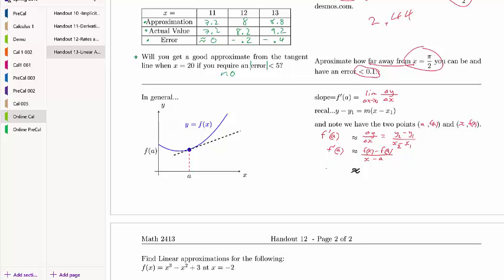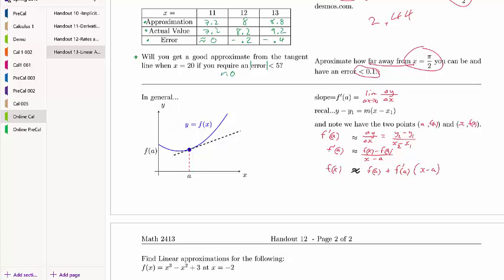And so we got here f of x equals f of a plus f prime at a times x minus a. That's just a simple algebraic step. Go ahead and work it out on your own. Make sure this step makes sense to you.